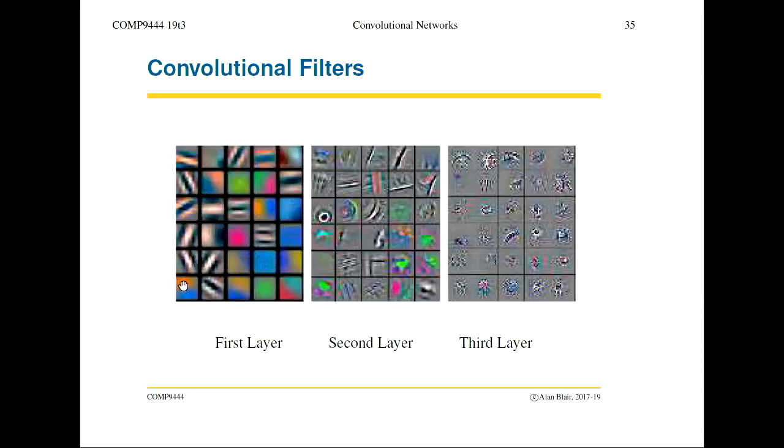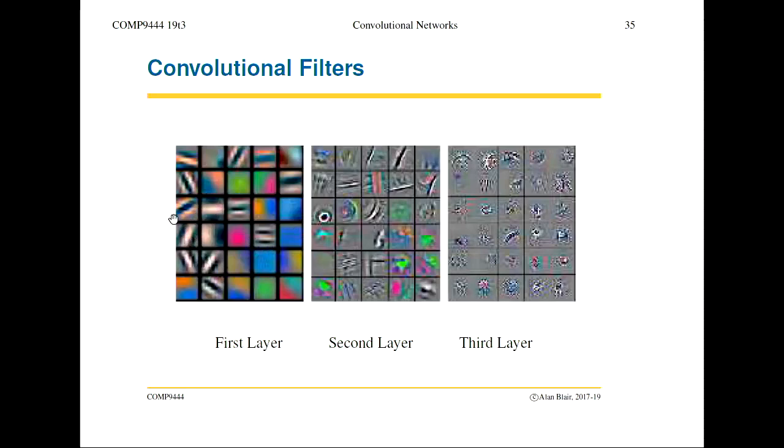If you know anything about traditional image processing, these look a bit like what are called Gabor filters, or as I mentioned before, they're very reminiscent of the Hubel and Wiesel experiments. This filter would detect a dark line at that angle with white on both sides, and a lot of them are like that.